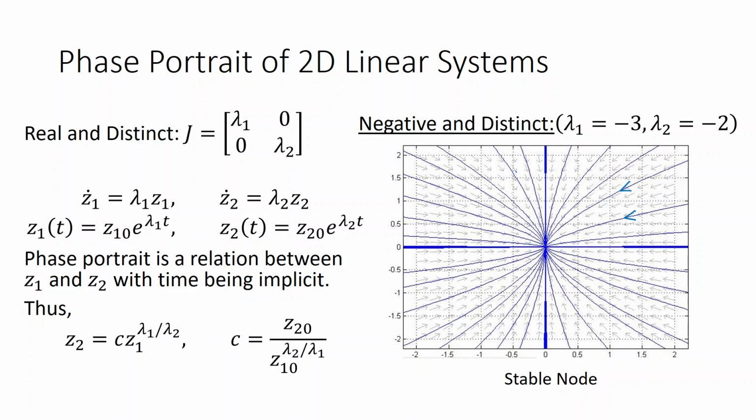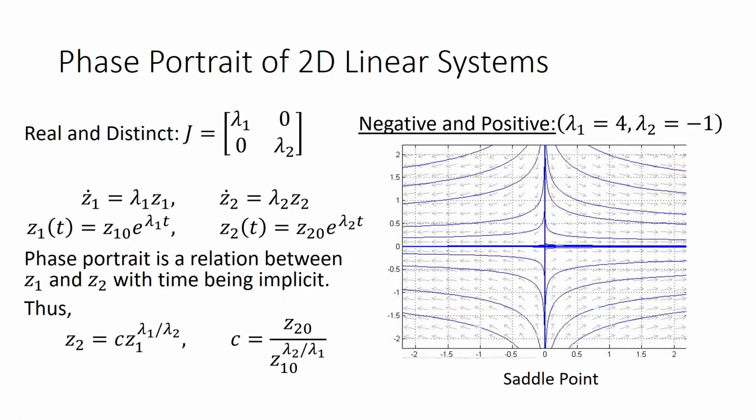When you are drawing freehand, you don't need to draw the vector field. This is a MATLAB generated plot, so the vector field is also there. But when you are drawing freehand, you only draw the trajectories and also give the arrows. So here, when we have both negative eigenvalues, then all the trajectories will be pointing towards the origin, which is the equilibrium point.